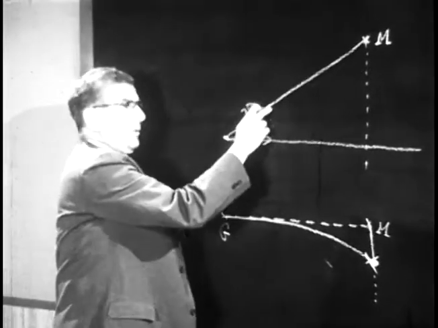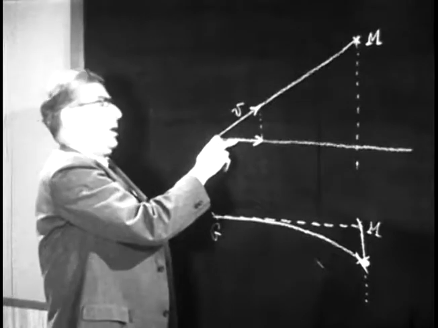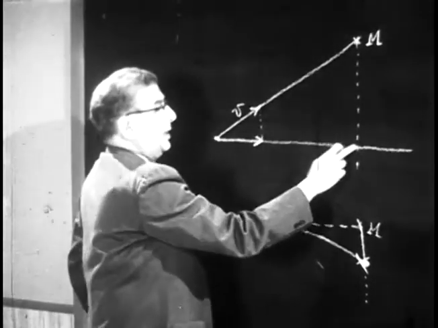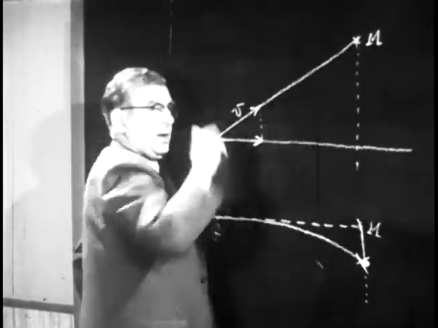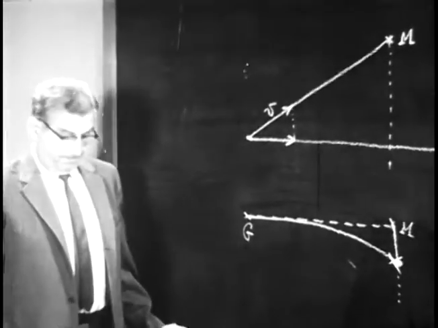The vertical component of velocity, which is proportional to the horizontal component, ensures that the bullet will rise just exactly the right amount to cross this vertical line at the height that the monkey is.